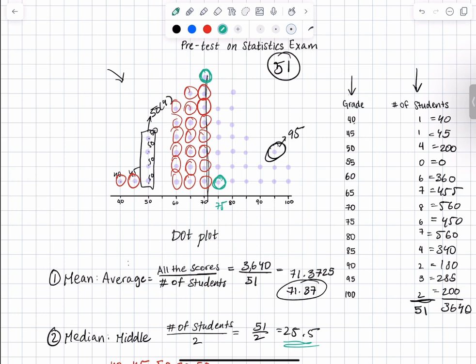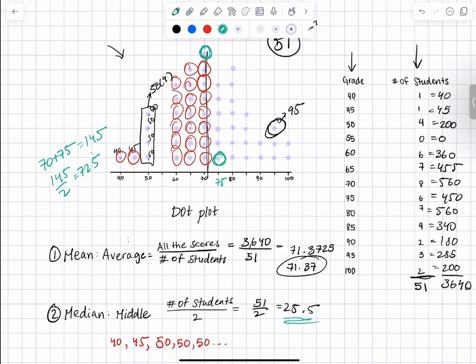So 70 plus 75 equals 145. Then you would divide this by 2, and 145 divided by 2 gives you 72.5. But that's not our case. Our median is between 70 and 70.